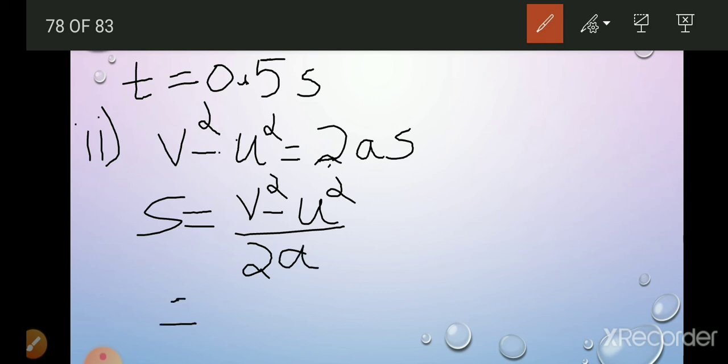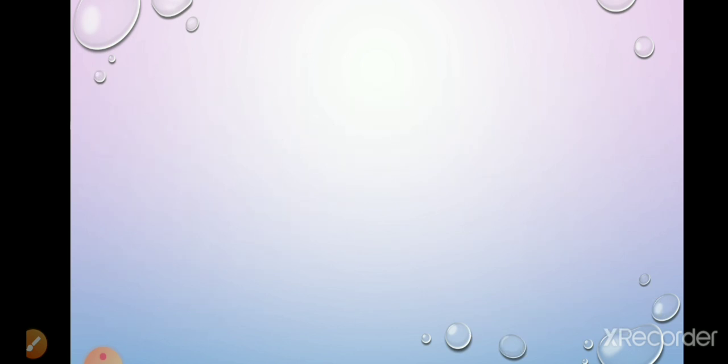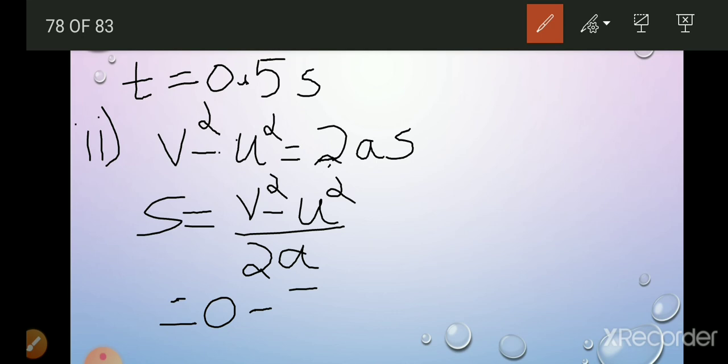v square is equal to 0 and u is equal to 5 meter per second. So substitute u as 5 square divided by 2 into acceleration.